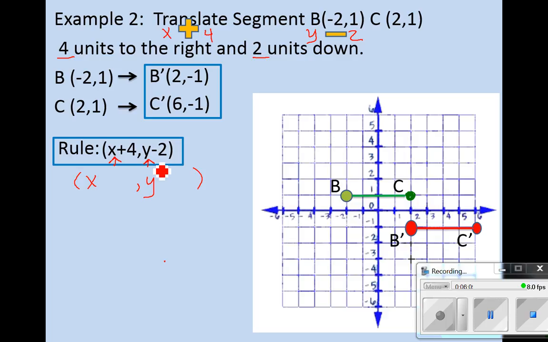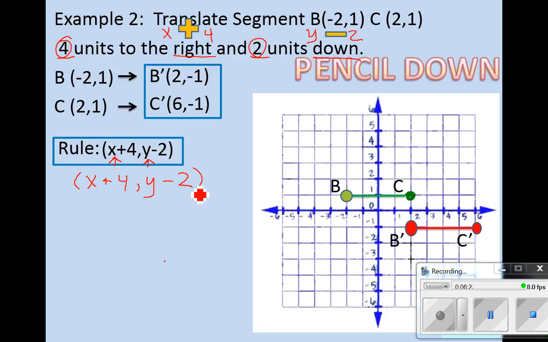And we can look up here, 4 right, plus 4. 2 down, minus 2. That's another way to help you to keep yourself more organized. Make sure that you have both of your answers. Make sure you have the ordered pairs boxed and the rule boxed.